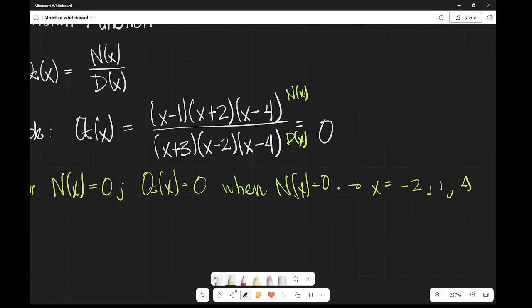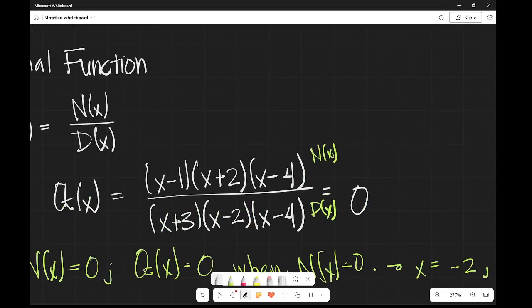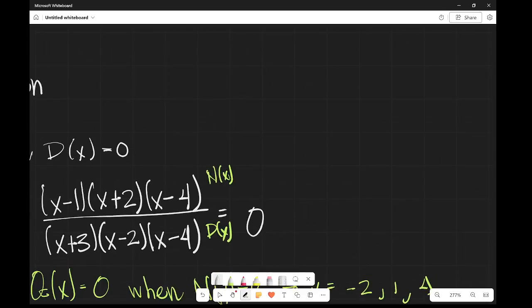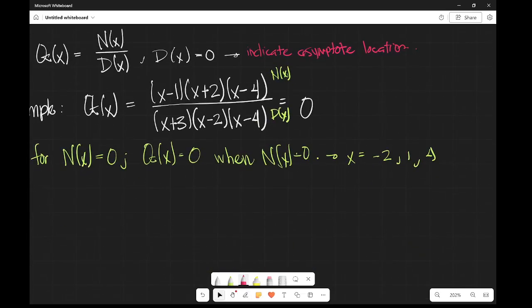If d of x equals 0, that's what tells us where the asymptotes are. So that's going to indicate our asymptotes, and we'll use that information in a second.